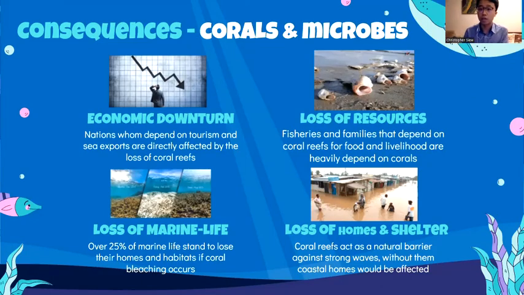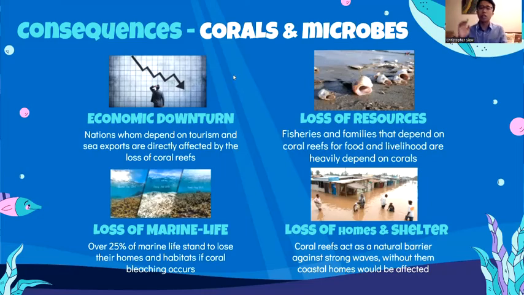They naturally draw in fish and marine life for us to fish. So all this tourism for scuba diving, and fisheries or sea exports for Japan, will cease to exist because coral reefs play that big of a role.